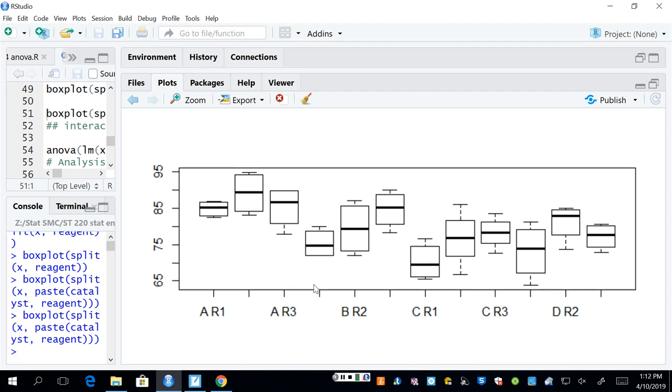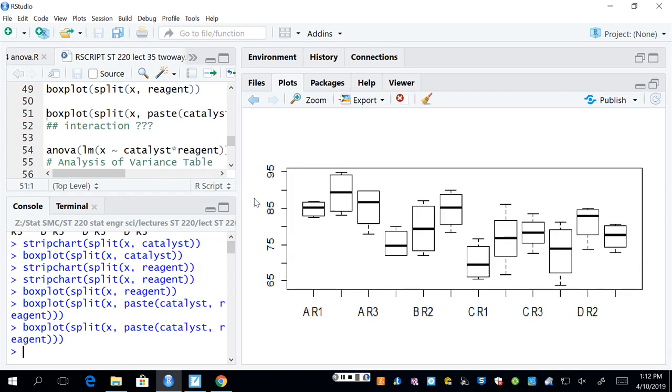So in terms of interactions, B seems to be doing differently based on which reagent it has. And C seems to be different based on which reagent. But that's not so much there for A, not so much there for D. If they were all sloping up like that, there might be some way that they're influencing each other.